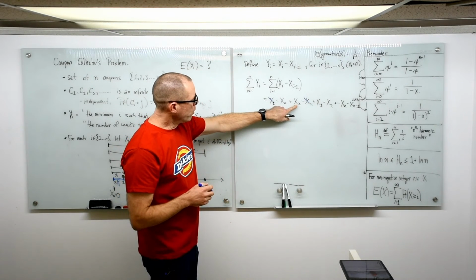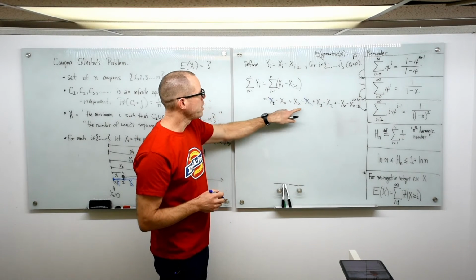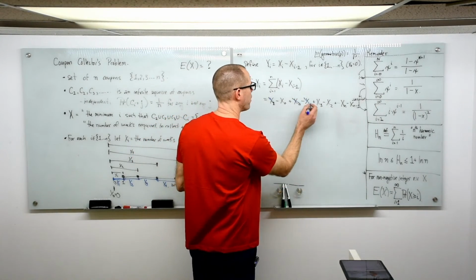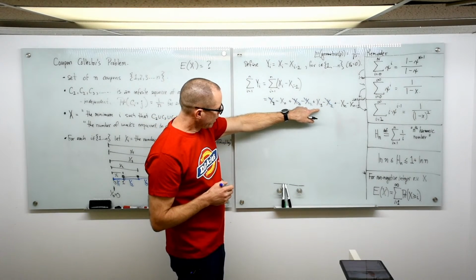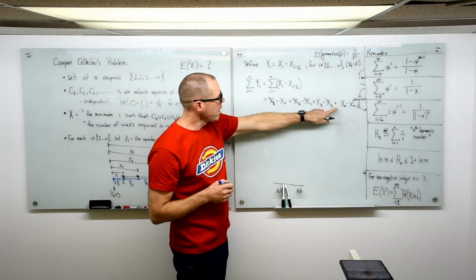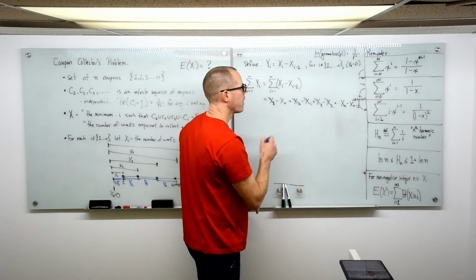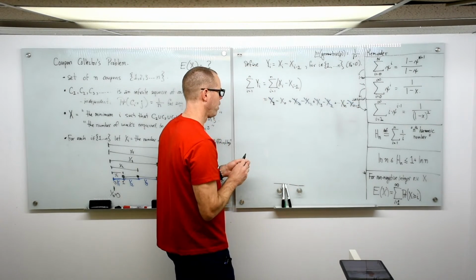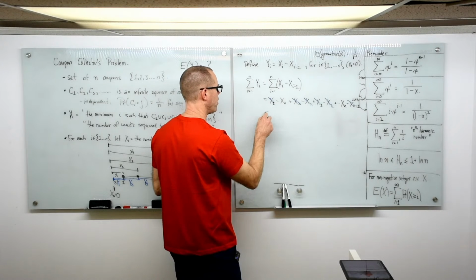Here's an x2, but if I look 1, 2, 3 more terms down, there's a matching minus x2. So those cancel out. And here's an x3, and if I looked a little bit further, in the next step I'd see x4 minus x3. That would cancel out. And in fact, everything cancels out except for plus xn and minus x0.